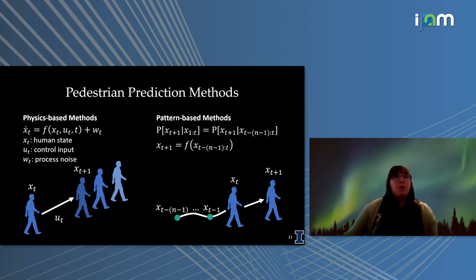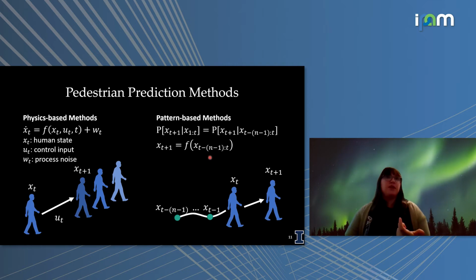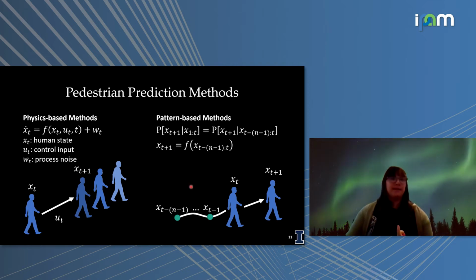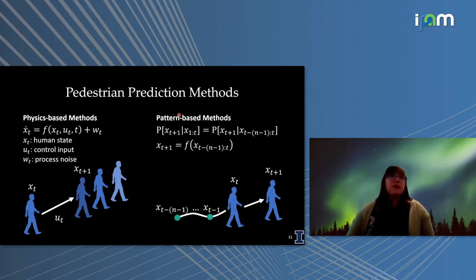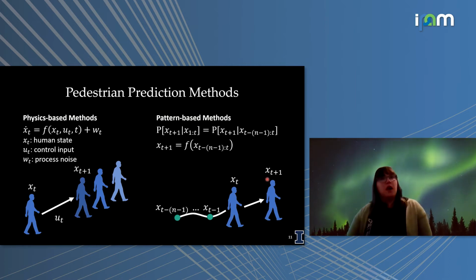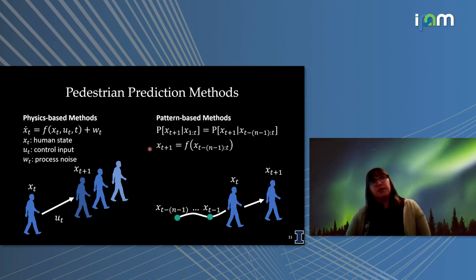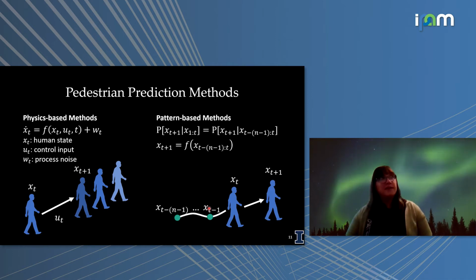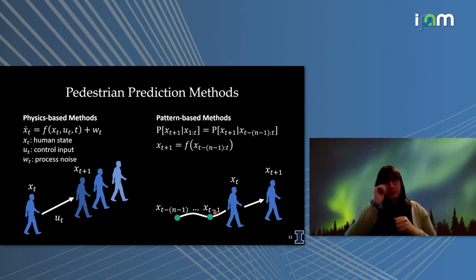More generally, we take some window, we have some observations, and we want to predict our next step more directly. Often with the pattern-based methods, we don't just predict one step ahead, but we want to predict a full trajectory. So often this is a longer vector that captures some time horizon of predictions.